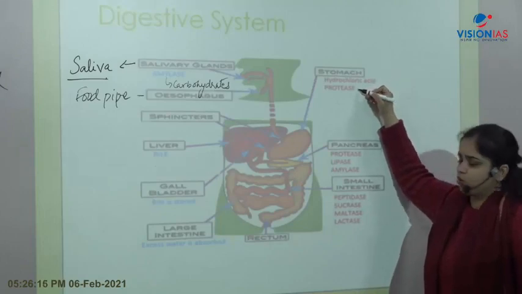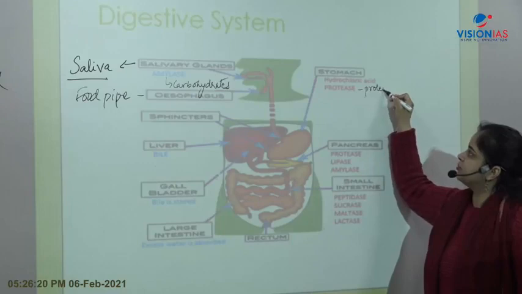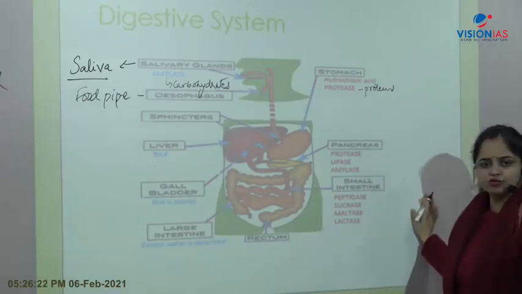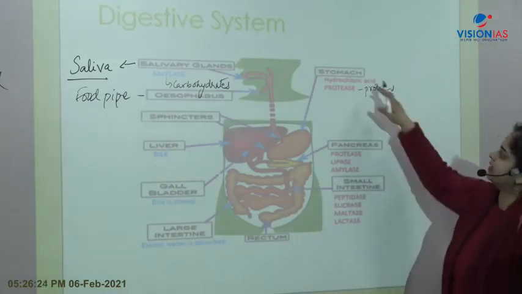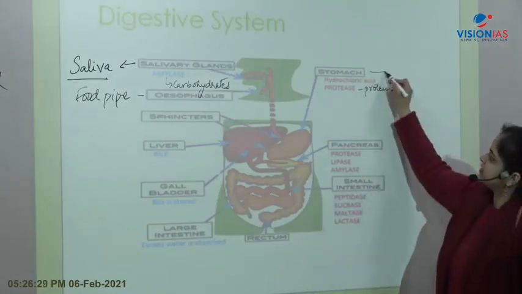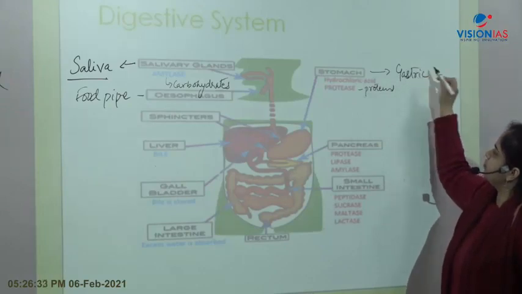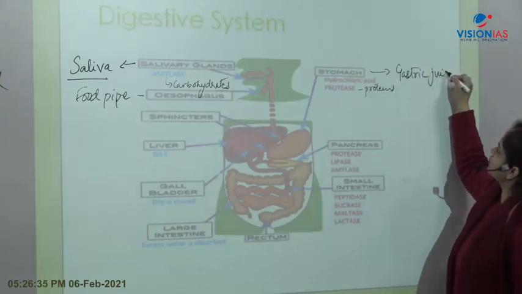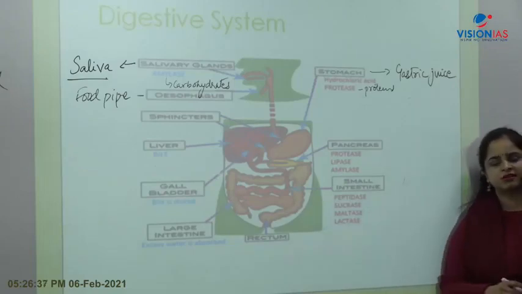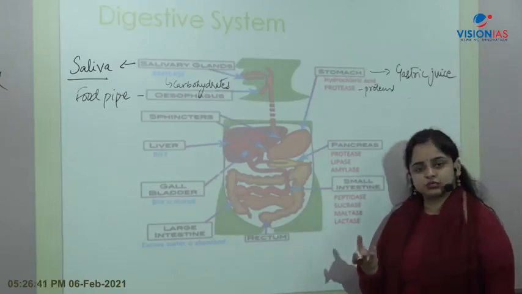The stomach has protease. Protease, it should be clear to you, is going to be breaking down proteins. And then you have hydrochloric acid, HCl. This is part of a fluid which we call gastric juice. Like you had saliva in the mouth, in the stomach you have gastric juice.